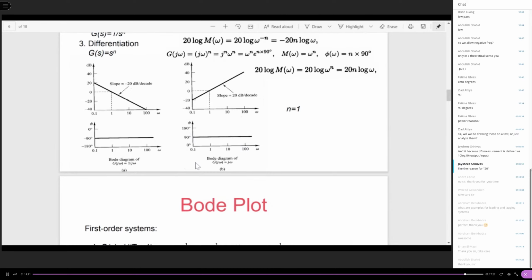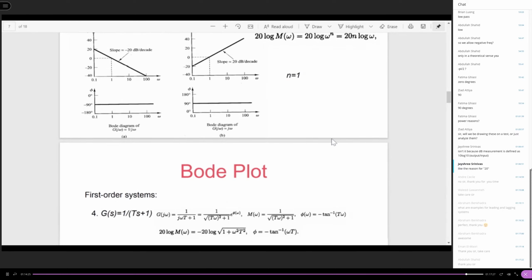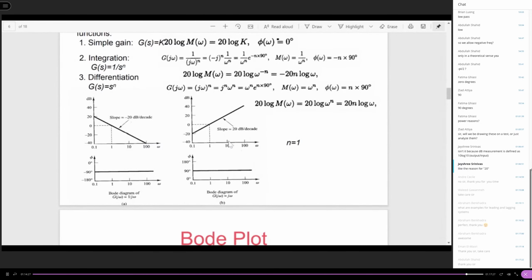If you draw them in the same chart, this minus 90 degrees is going to be here. So they are always symmetric with respect to the frequency axis. If you draw the magnitude in the same chart, you will find that it goes in this way.